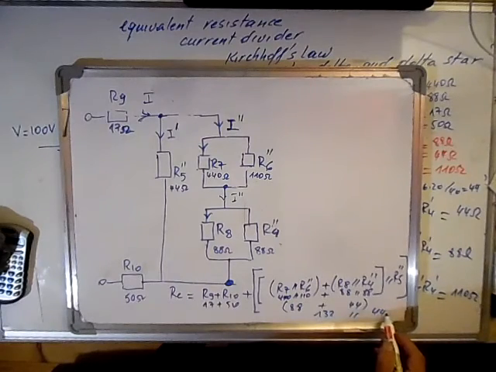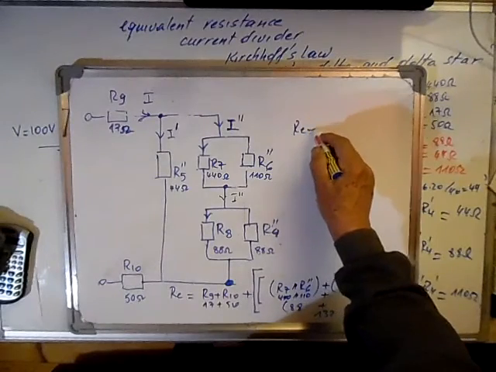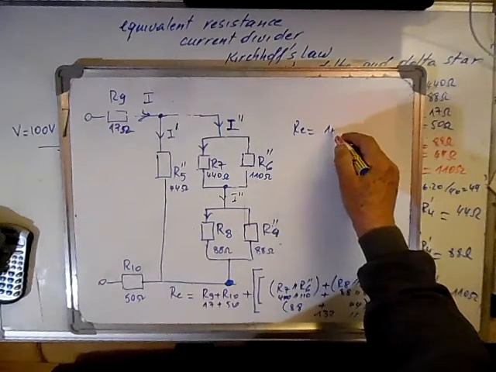This will give 33 plus 17 plus 50. The equivalent resistance is 100 ohms.